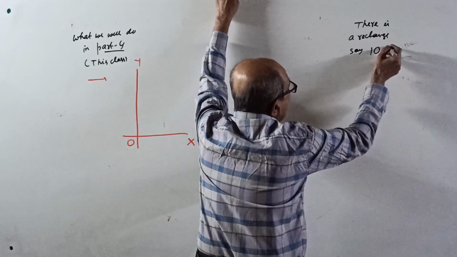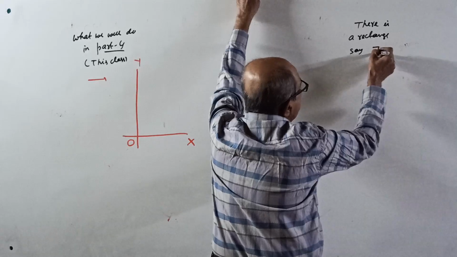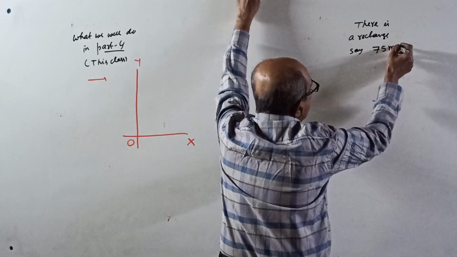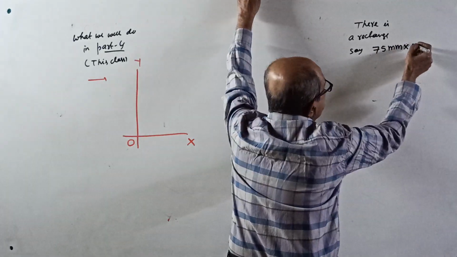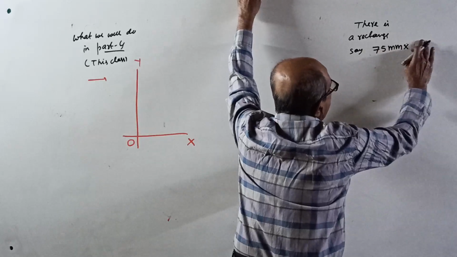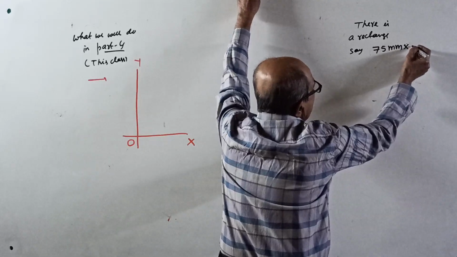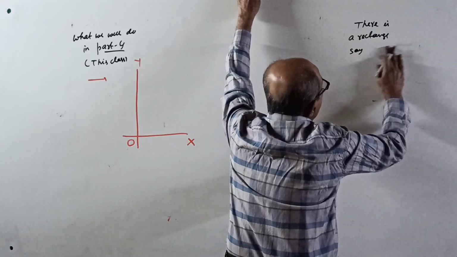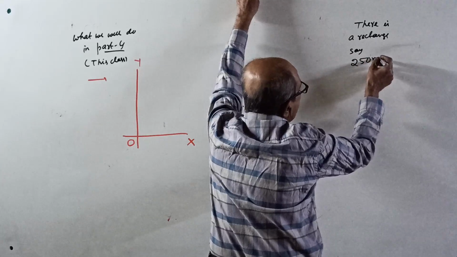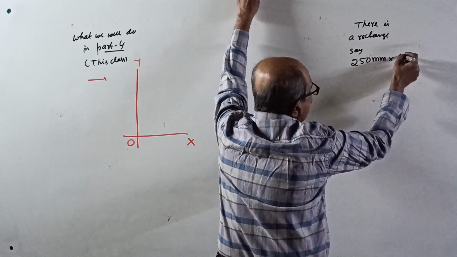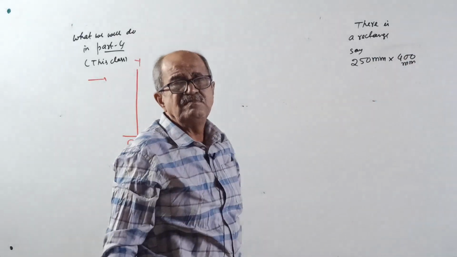Okay, 100 is a round number, not 100 mm. Say 75 mm by 75 by, okay, a little bigger I will take. Say 250 mm by 400 mm. Okay, this will do. 250 by 400, that's a rectangle.